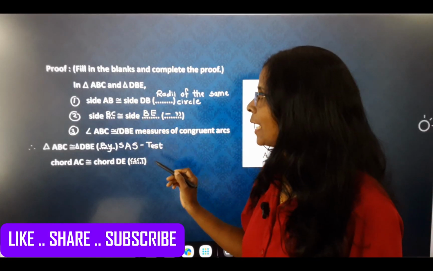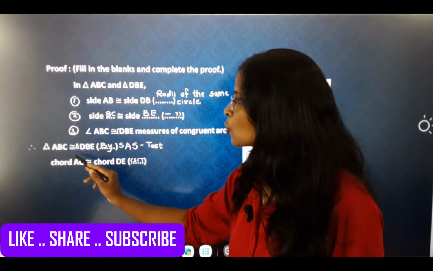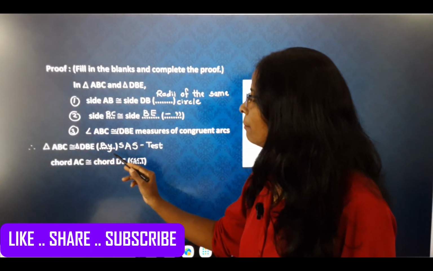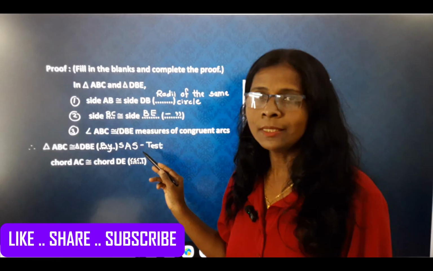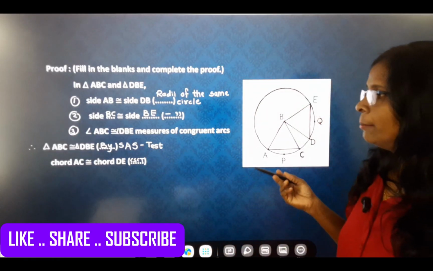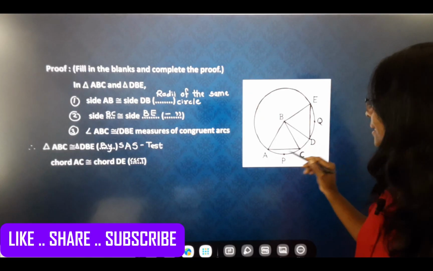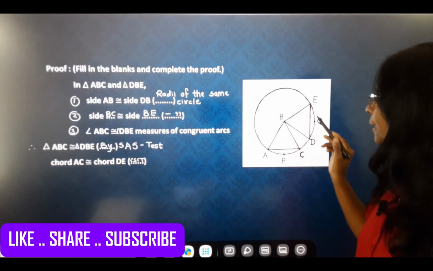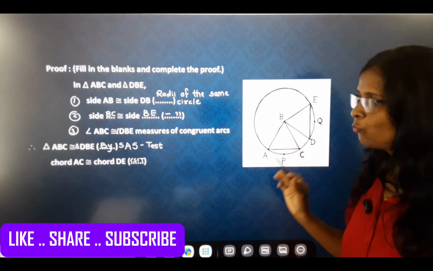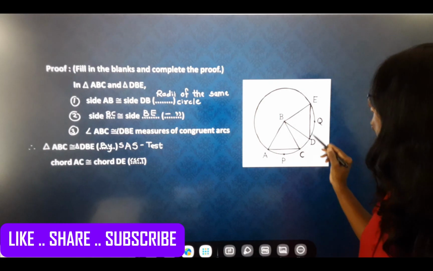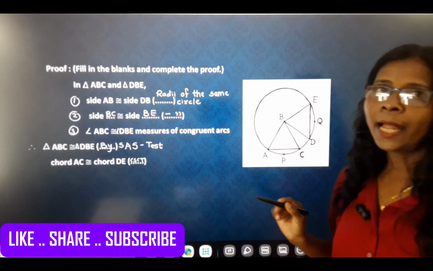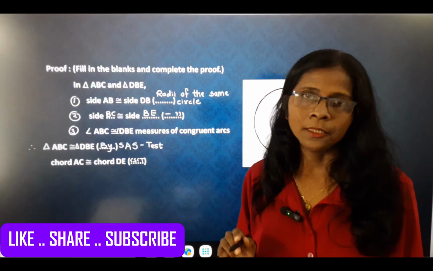So we can say that triangle ABC is congruent to triangle DBE by the SAS congruence test. And so in these triangles there are the sides AC and DE, which are nothing but the chords. So we say chord AC is congruent to chord DE by CPCT.